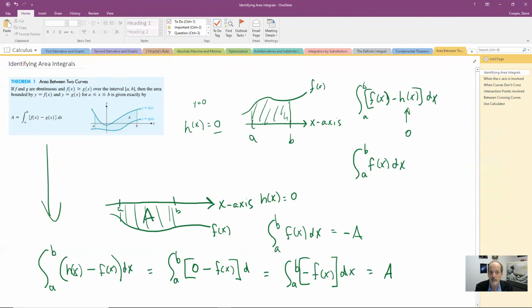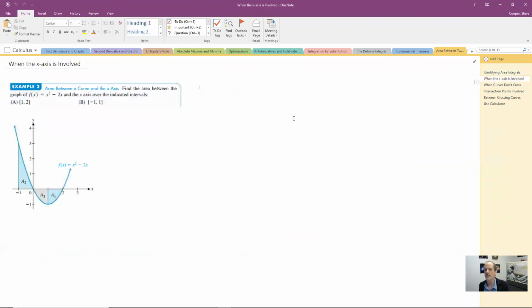We call that the area between two curves. That's pretty powerful. We've really already discussed this when the x-axis is involved. So here we're just treating this like g of x equals 0.